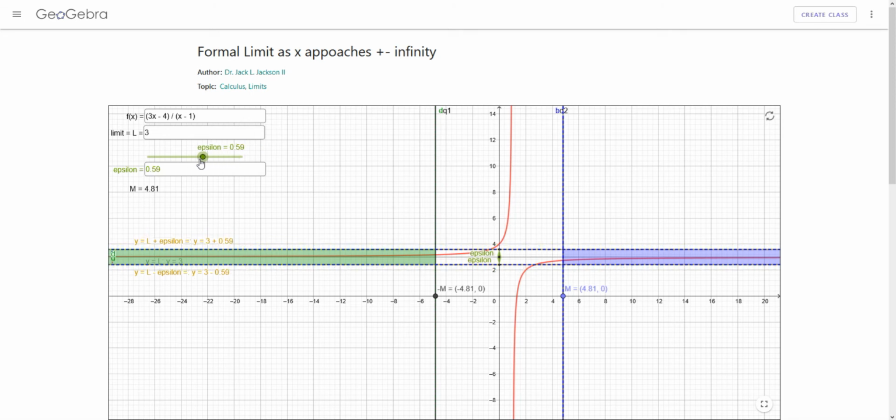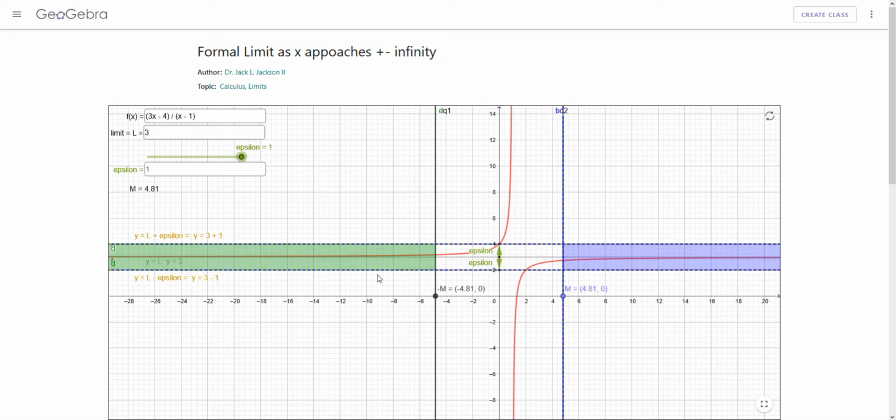And I choose a value of epsilon, say I pick epsilon as 1, and that defines a horizontal line at y equals L plus epsilon. 3 plus 1 is 4, so that's y equals 4. And then L minus epsilon, that's y equals 3 minus 1, that's y equals 2. So we have y equals 2, y equals 4. That defines the top and bottom strips here.